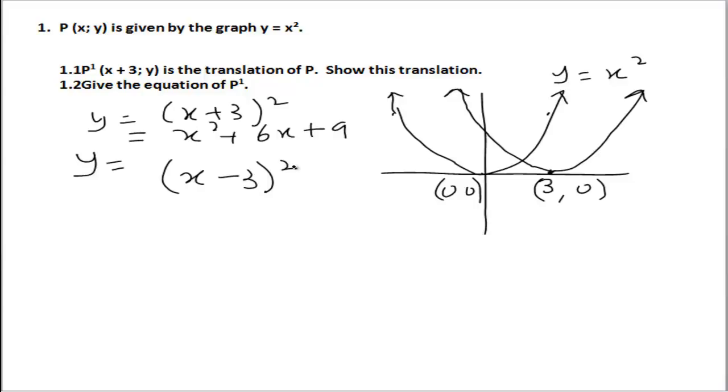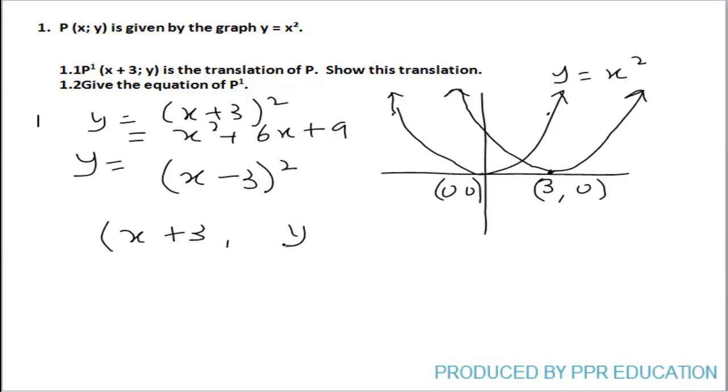Now if you took the one in number 3, they actually wanted a translation to be done for the same problem, x plus 3 and y minus 2.